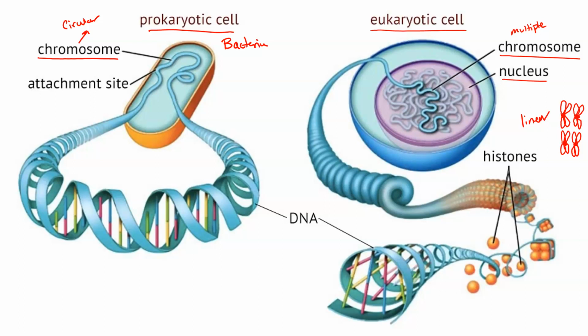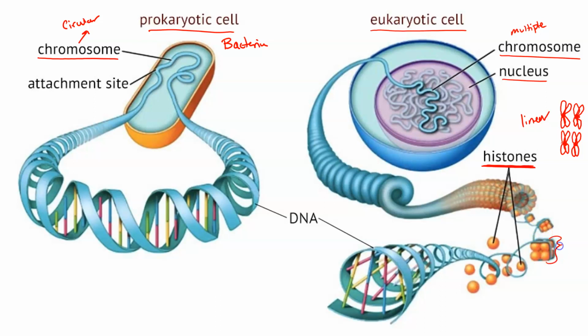Prokaryotic cells also do not have DNA that is associated with histones. You'll notice that on this eukaryotic side there are histone proteins, which we've talked about in previous videos as well. These histone proteins orient themselves into an octamer of histone proteins called a nucleosome, and each of these octamers is wrapped with DNA twice.